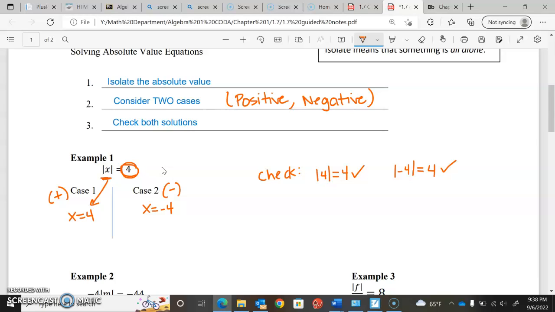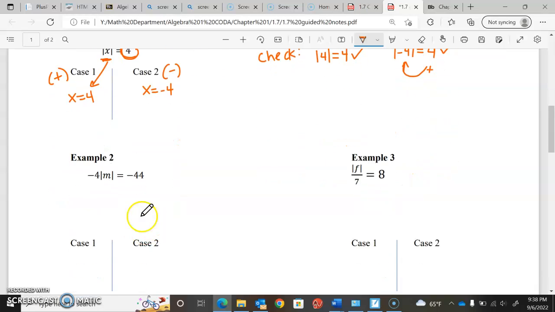Another way to think about it is the absolute value bars. Whatever is inside the absolute value is going to come out positive. So the negative in there comes out positive. If it's positive, it just comes out as itself. So you have your two possible solutions, we checked them out, and they both work.